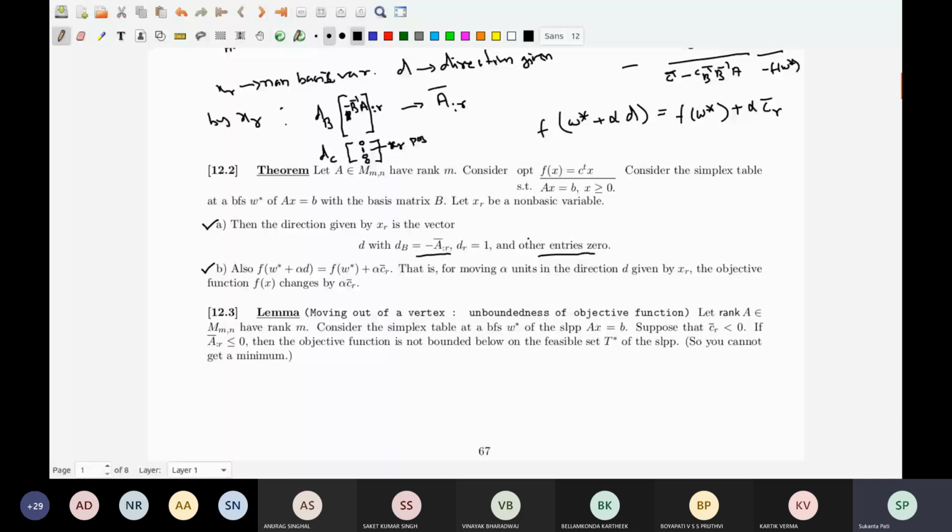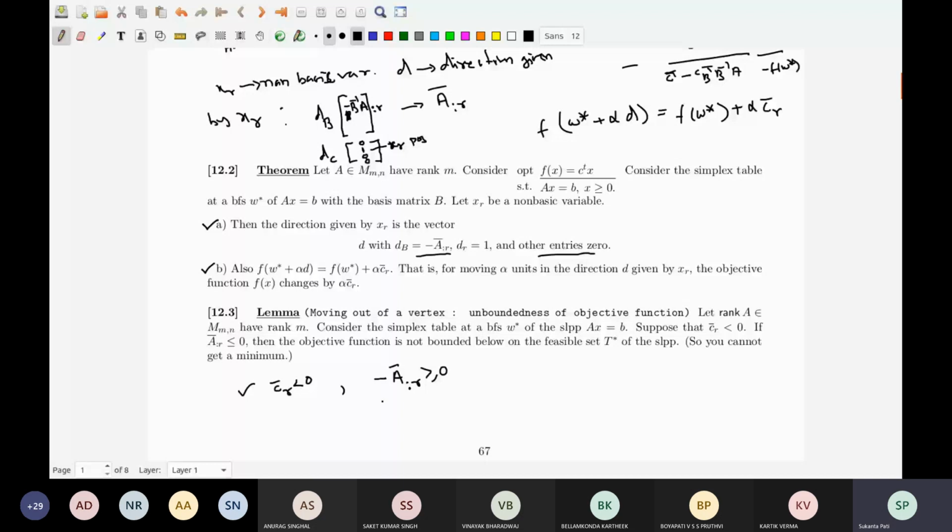D is defined as the negative of the rth column and D of r equal to 1, other entries 0. Suppose the relative cost C bar R is less than 0, this is assumed, and also the rth column of this matrix is less than or equal to 0, that is, the negative of that is greater than or equal to 0, equivalently the rth column of A bar is less than or equal to 0.